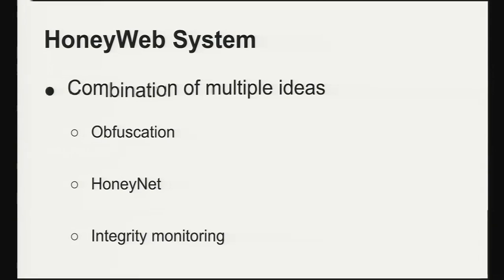The third one is an integrity monitoring technique. But this one is much simpler than the previous work. We don't have to handle those complexities such as ads, the DOM or the cookie stuff, because we only need to monitor the honey object we injected into the web page. We don't need to monitor the whole page.